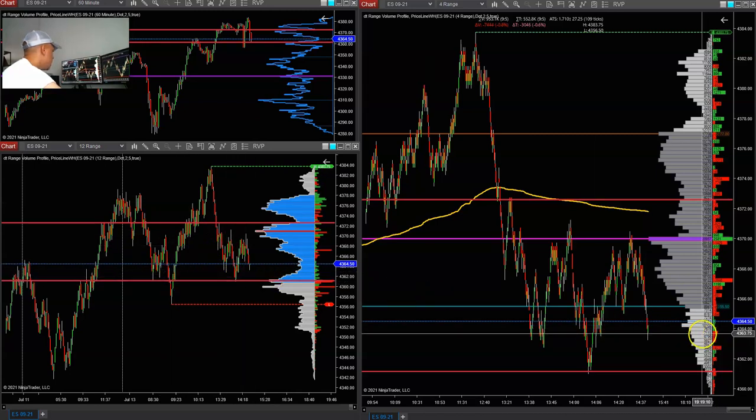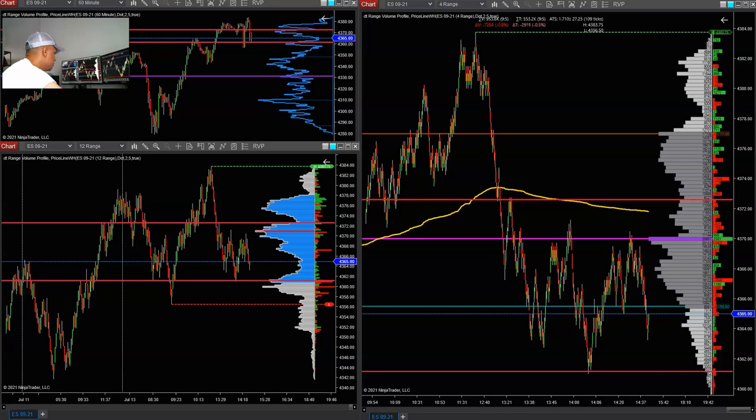So I am possibly looking for a long entry here if price could show me that it wants to, let's see, wants to continue pushing, just for a quick scalp.